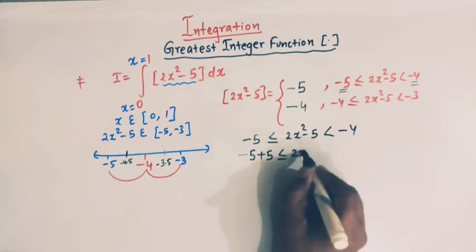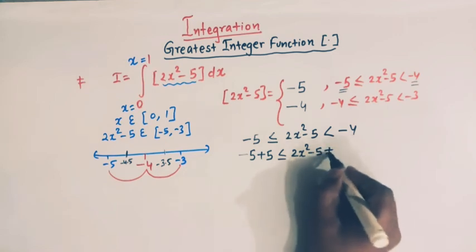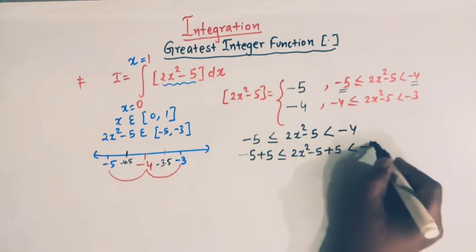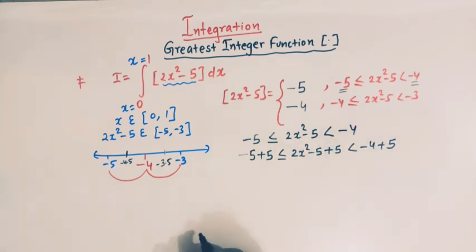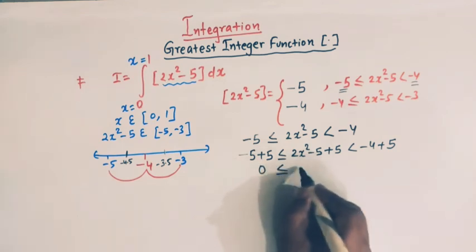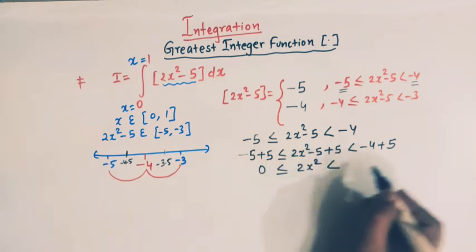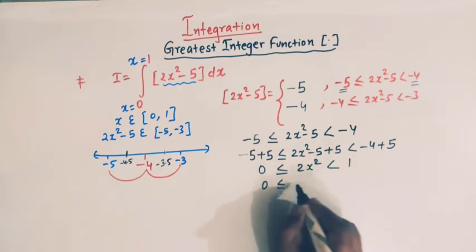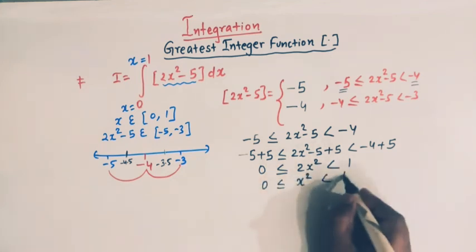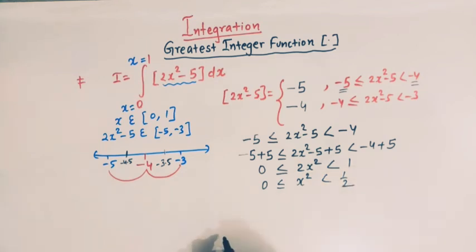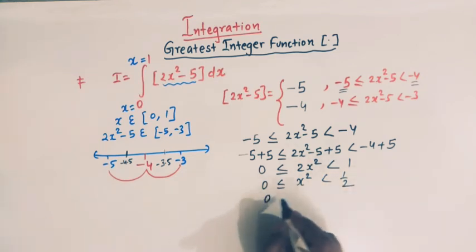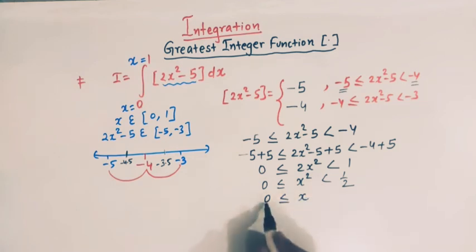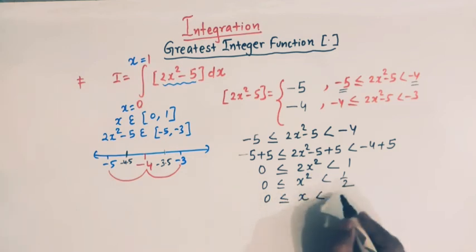Here we have 2x square minus 5 plus 5, and here we have minus 4 plus 5. Clear? So here we have 0, here we have 2x square, here we have 1. Now dividing throughout by 2, we'll have x square here, here we have 1 by 2, and taking the square root, we have 0 less than or equal to x, but less than 1 over the square root of 2.